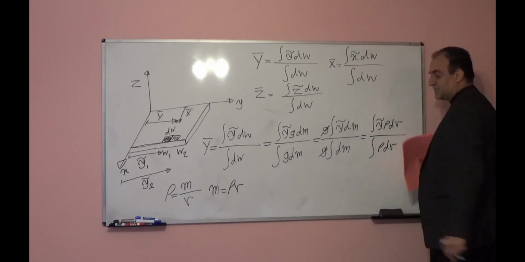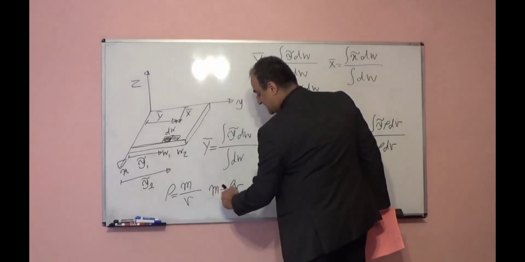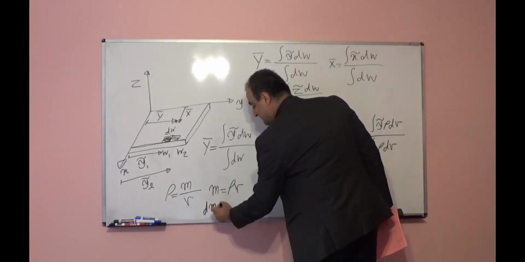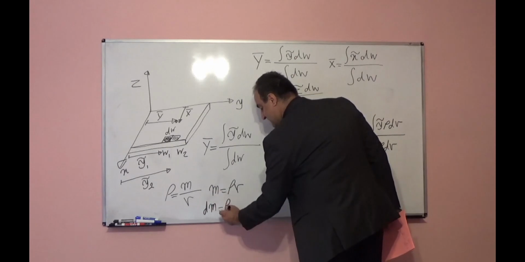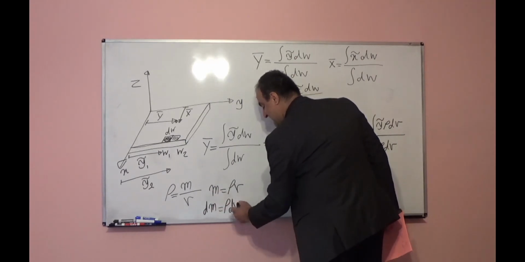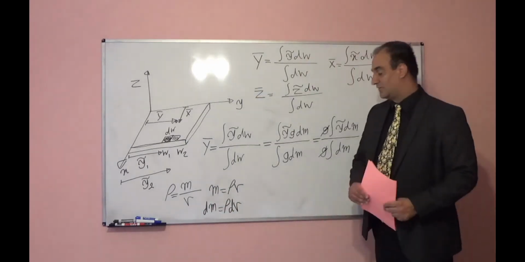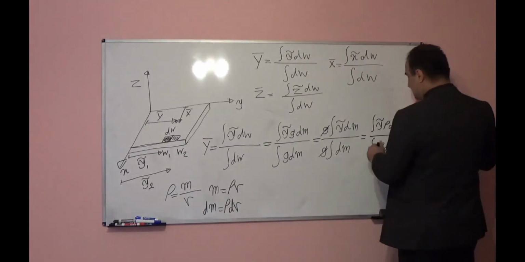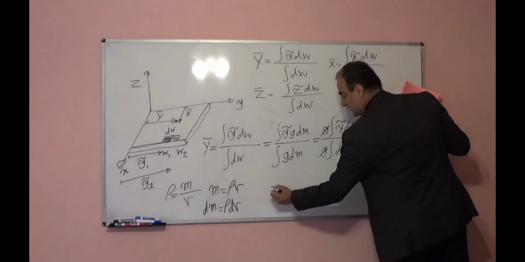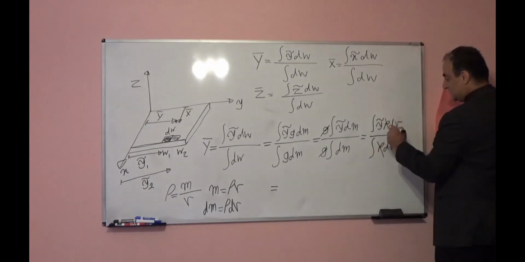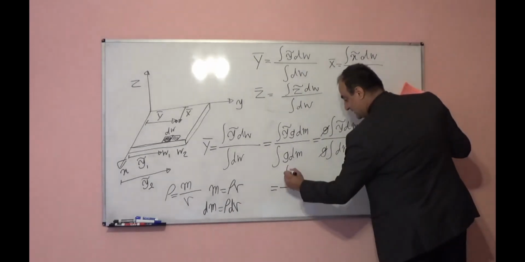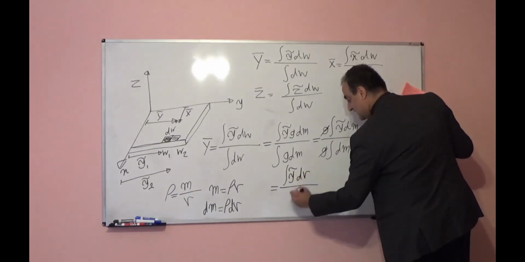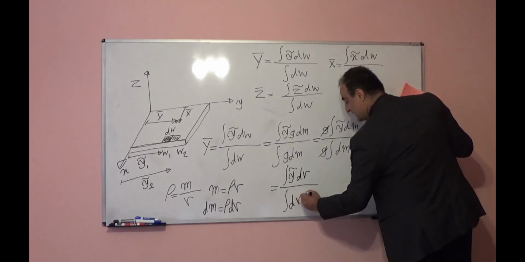V here is volume, because mass is equal to density times volume, so dm, the small element mass, is equal to density times dv, the small volume. So I plug it in. Again rho will cancel. So I will have integration of y tilde dv divided by integration of dv.